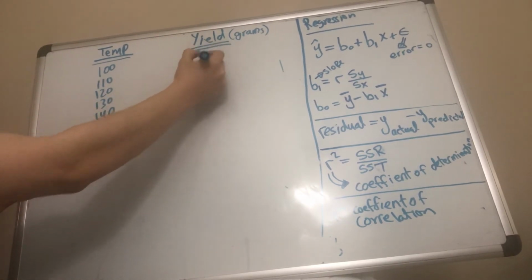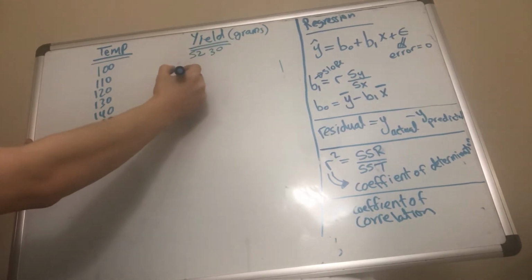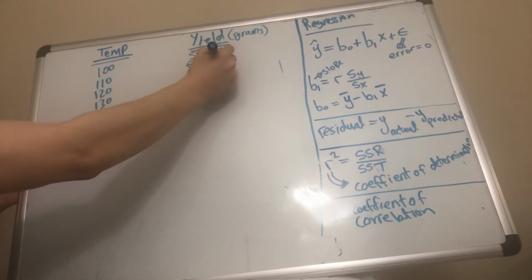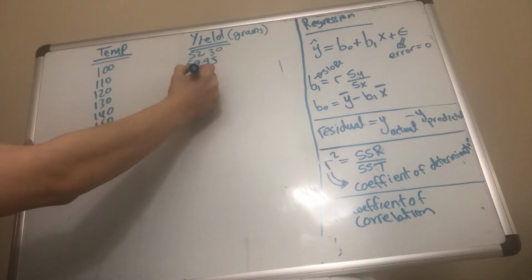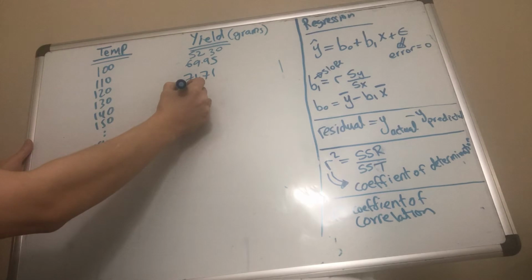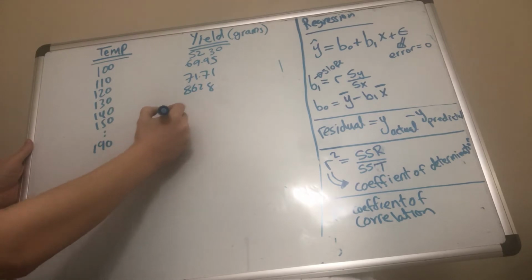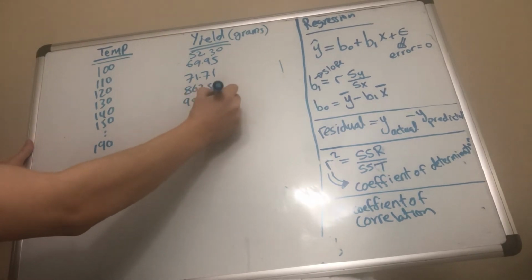In this version, it's 52.30, then 69.95. For 120, it's 71.71. For 130, it's 86.28. For 140, 95.66.